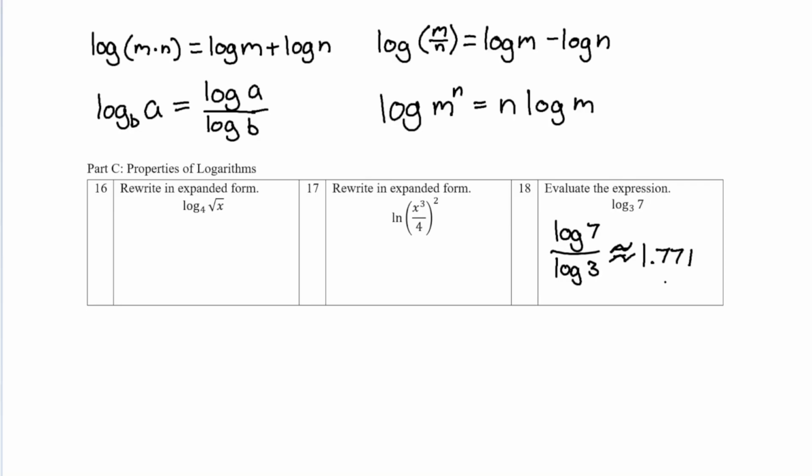Moving backwards, I guess, to number 16. This one was interesting because, and again, that's what makes math so hard, you have to use a combination of rules for so many of these types of problems. The rule that I'm using here, of course, is that a radical, a root, can be written as a power, and in this case, this is going to be log base 4 of x to the power of 1/2.